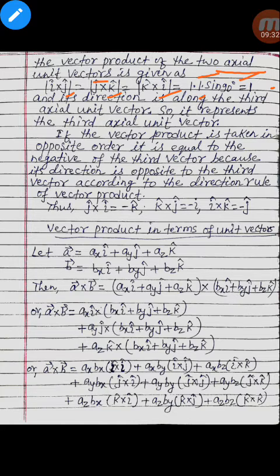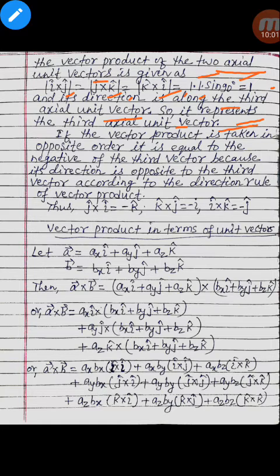So the magnitude of i cross j, j cross k and k cross i is equal to 1, and its direction is along the third axial unit vector. The direction of i cross j will be along k, j cross k will be along i, and k cross i will be along j. So it represents the third axial unit vector.